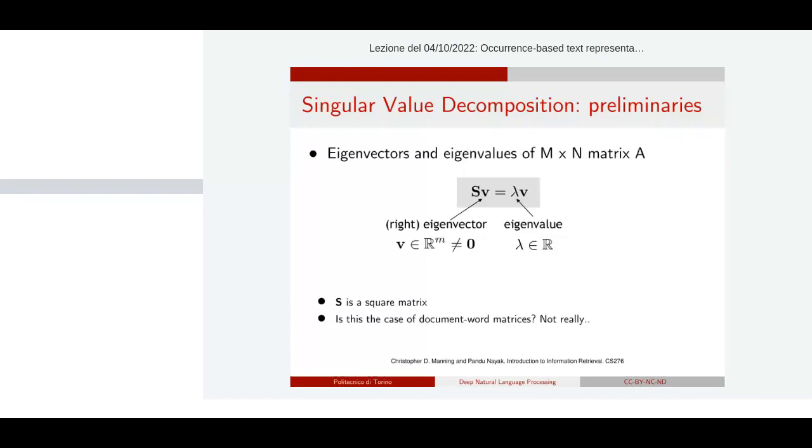Are we handling square matrices? In other words, is the number of documents you are analyzing the same as the number of words? Not at all, because the number of words is orders of magnitude higher than the number of documents.